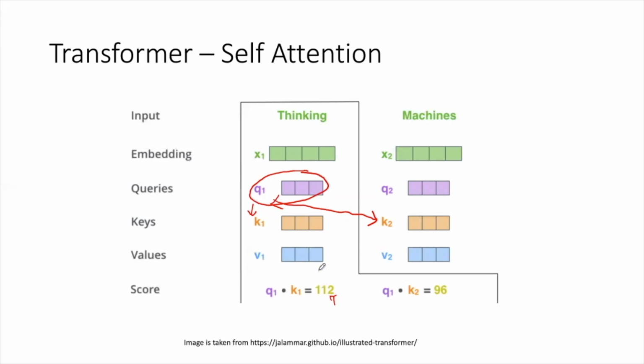That's one way in which we can capture the relevance of a key and the query. So we try to find the relevant keys for this query. The score indicates the relevance: the higher the score, the more relevant this key is to this query. So that's the intuition.